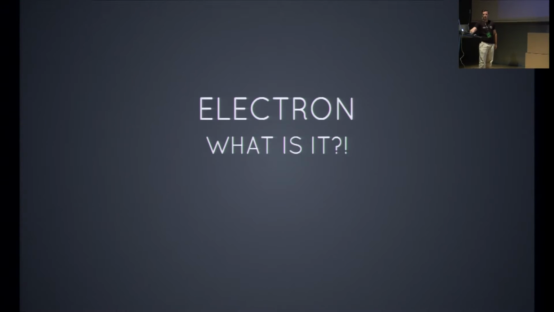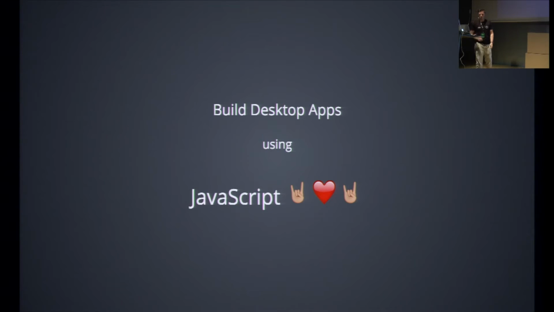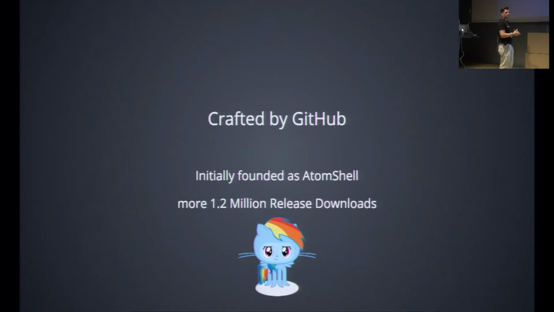OK, so what is Electron? Well, first, it's just a small tool that allows us to build desktop apps using JavaScript. So very cool. It has been created by GitHub under the first name Atom Shell. And right now, it's on the wave to become even more popular.